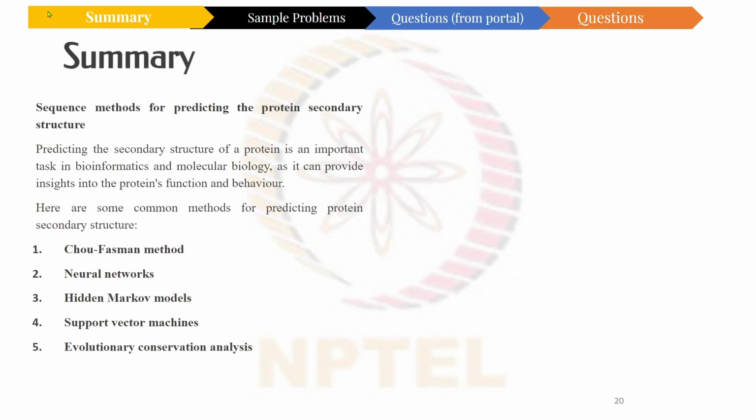Then we have homology-based prediction methods. These methods involve comparing the amino acid sequence of a protein to a database of known protein structures and predicting the secondary structure based on the homologous sequences or similarities. Then we have energy-based methods.